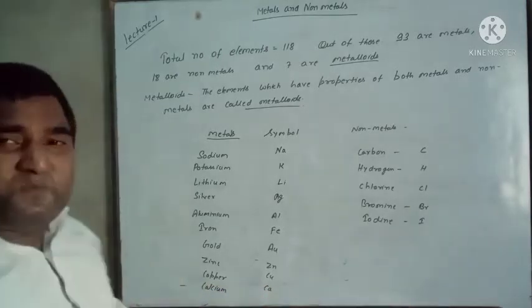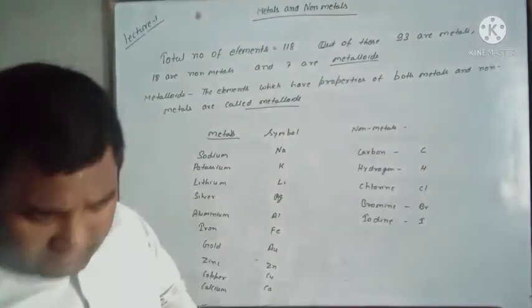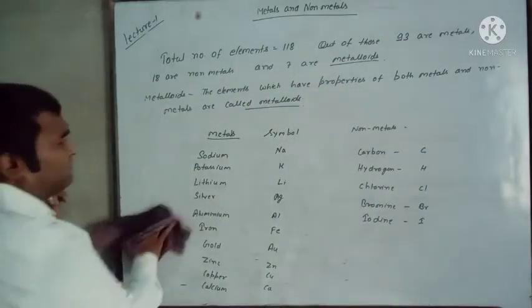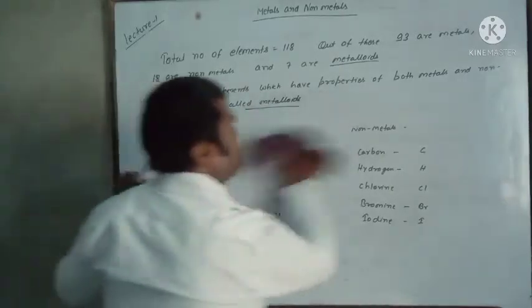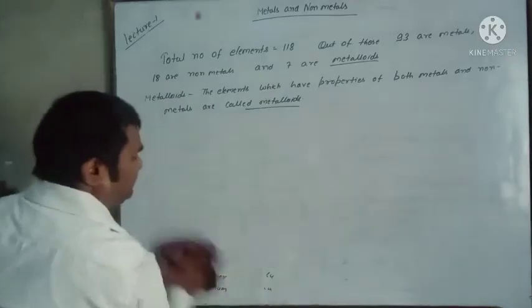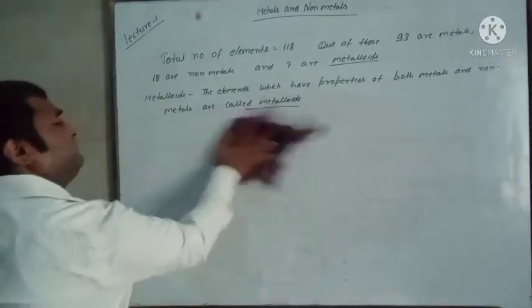These are some examples of metals and non-metals. So you may note it down by pausing it. Now, what I am going to explain today is the physical properties of metals.